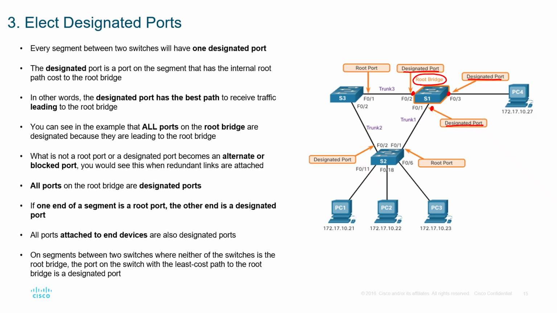What is not a root port or a designated port becomes an alternate or blocked port. So you would see this when redundant links are attached. So again, if S2 were to take an alternate path to get to S1, it would go through F02. So that would be on the path to get to the root bridge. So that is also defined as a designated port.